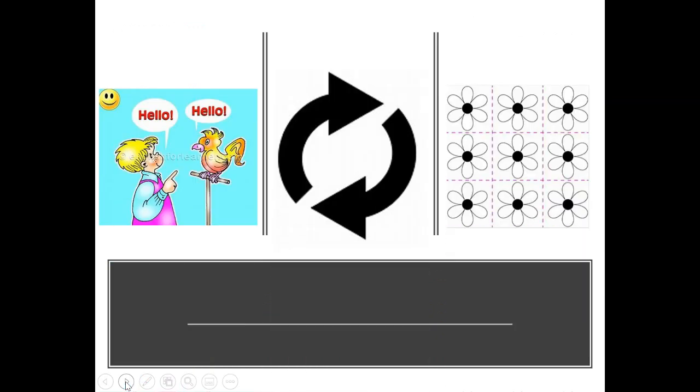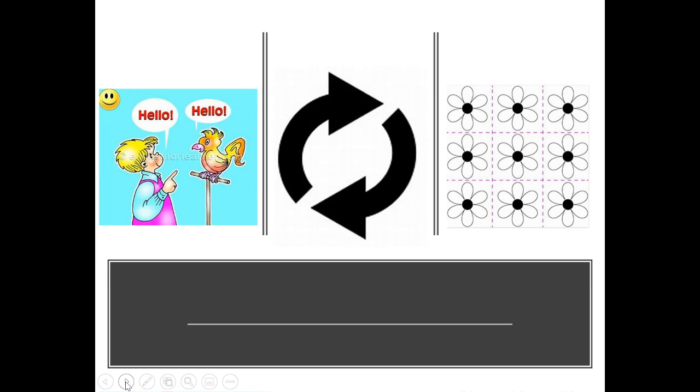Next group of pictures, what do you notice or see? Well, in the first picture, I notice a woman is talking to her pet parrot, and the woman says, "Hello."